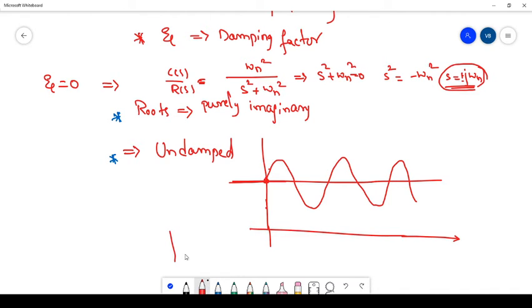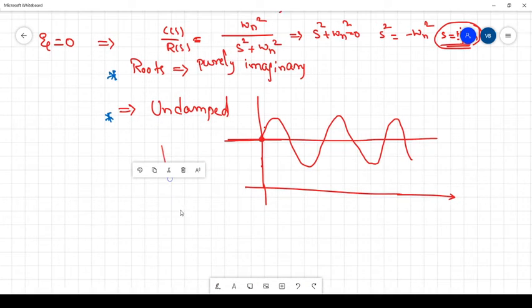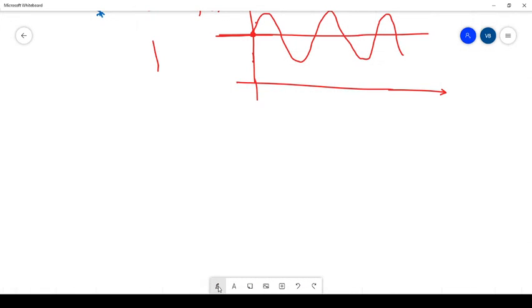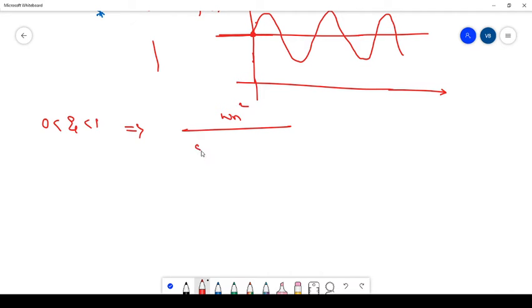So whenever zeta is in between 0 and 1, you can calculate that directly from control systems. Omega n square by s square plus 2 zeta omega n s plus omega n square. You simplify the roots.